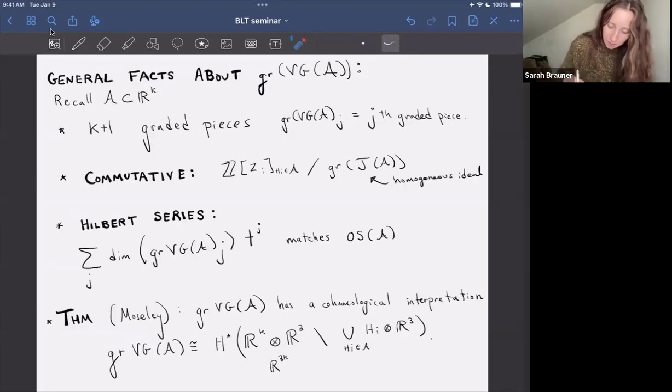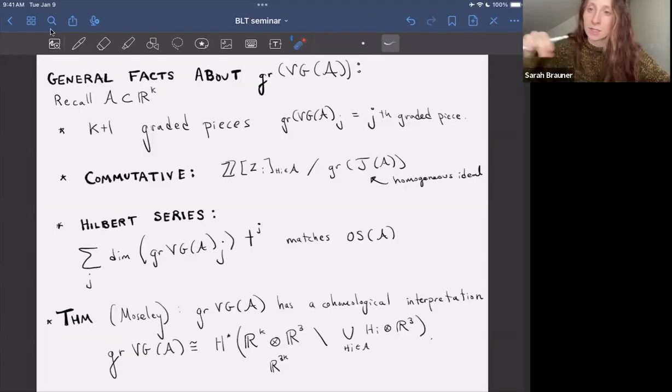So in the Orlik-Solomon algebra, in both cases you can get a presentation by thinking about the pullback of the fundamental class of a sphere. In the case of the Orlik-Solomon algebra, the sphere is an odd-dimensional sphere, and in the Varchenko-Gelfand ring, it's an even-dimensional sphere.